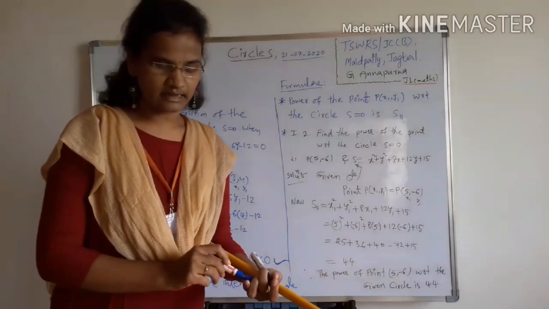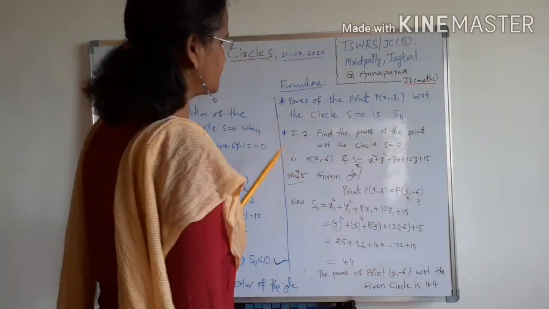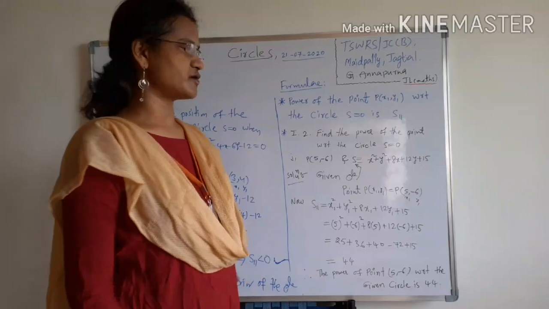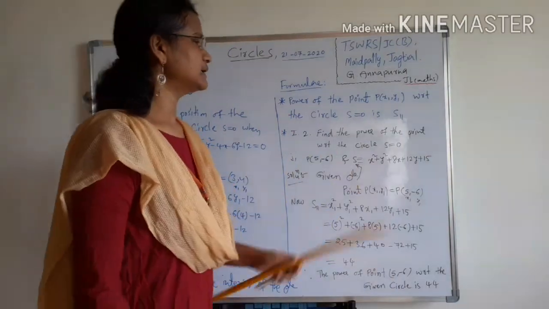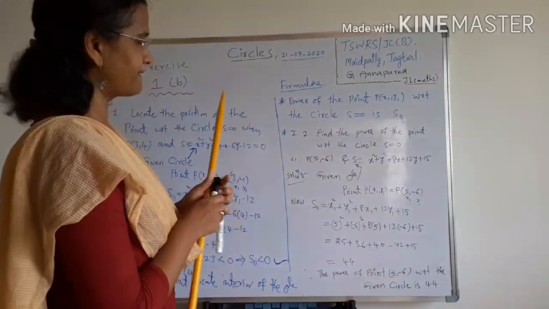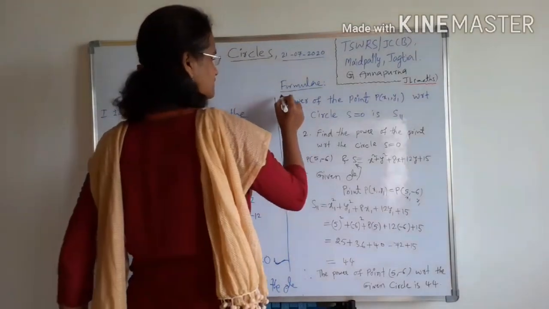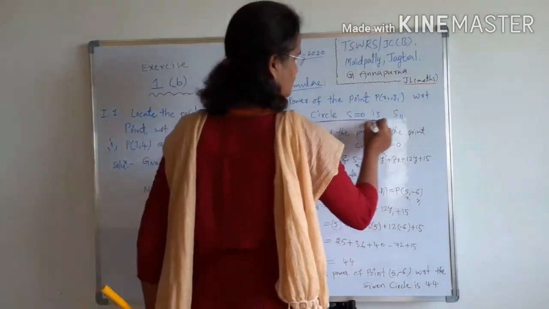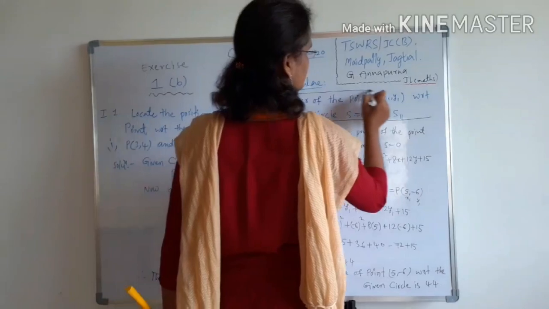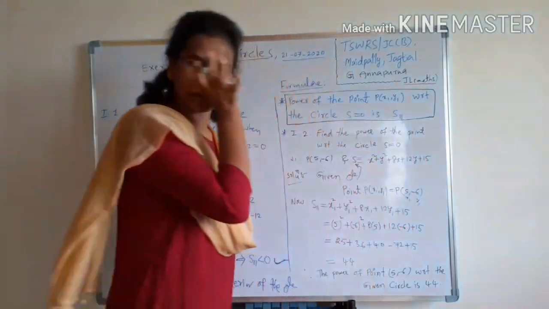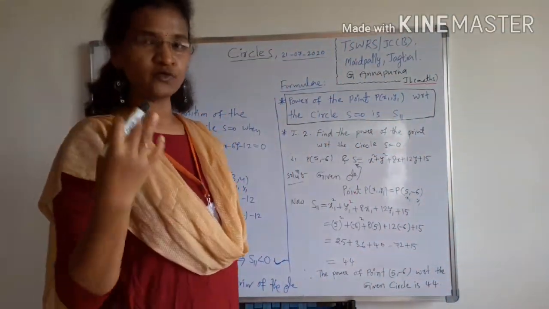Okay. Right. Coming to the second problem, first bit, second problem. See here, one formula is there. This is the formula to find out the power of a point with respect to a given circle.